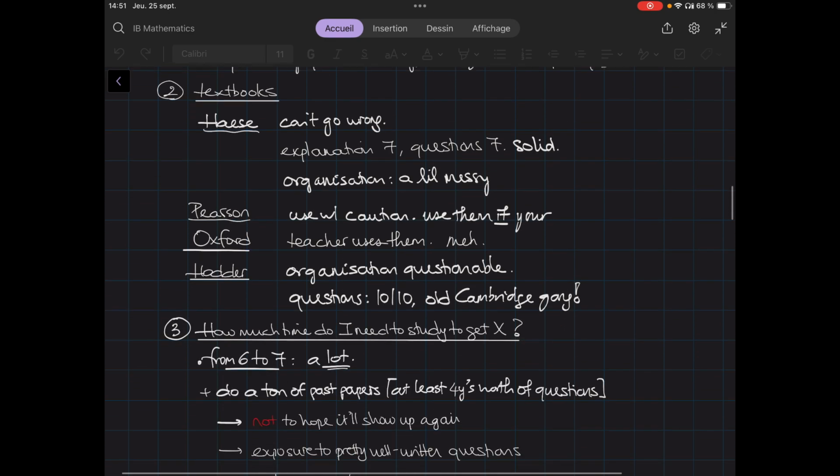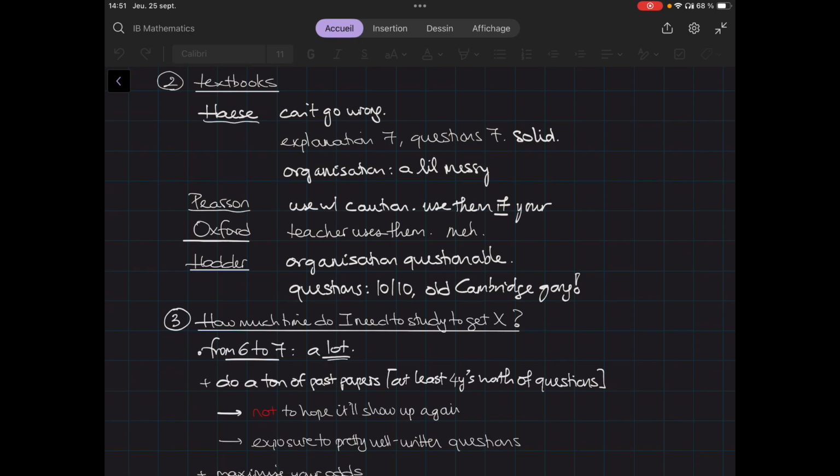2. What textbooks should we use? First off, HEAS. You can't really go wrong with HEAS. Explanation, good. Questions, good. It's a solid textbook. The organization is a little messy because you have one core book, another core for HL, and then a book that's AAHL, that's only for AA students.